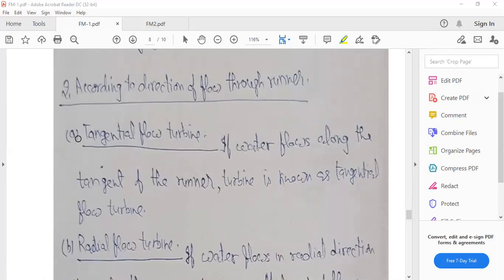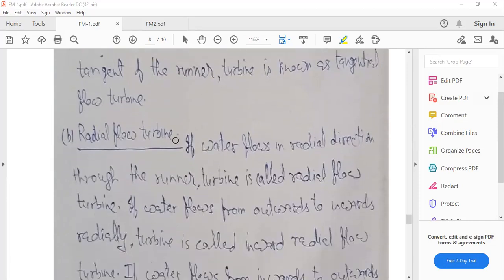First one is tangential flow turbine. If water flows along the tangent of the runner, then the turbine is known as tangential flow turbine.